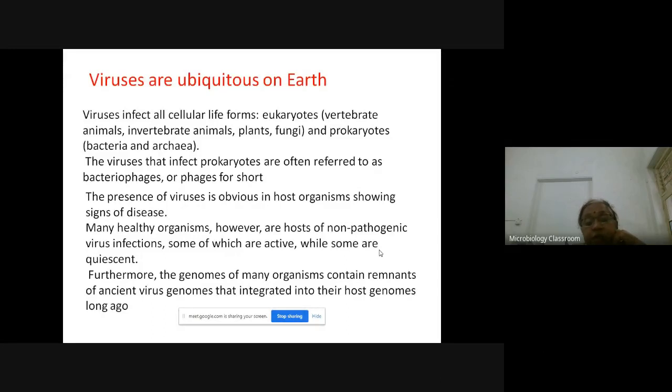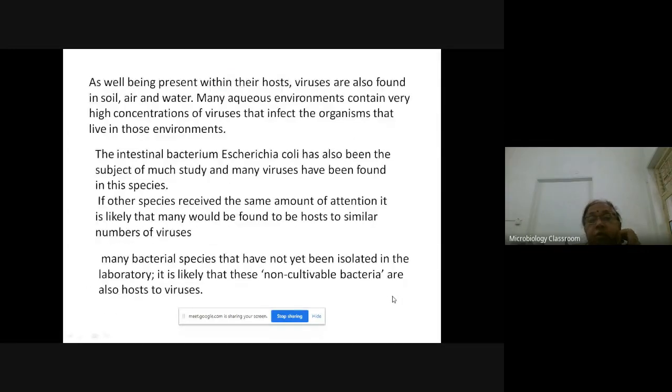This integration is for generations together. The viruses have not dislodged themselves from this integration, they have not been separated out. They are inherited for generations together in this integrated form. So in this way, the viruses are present ubiquitously on the earth.